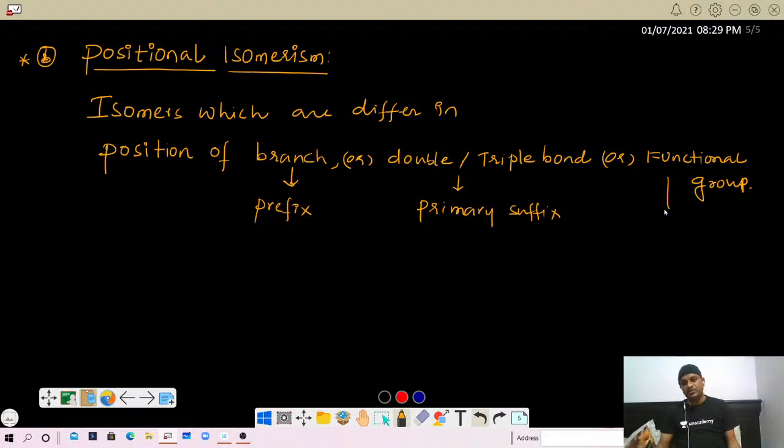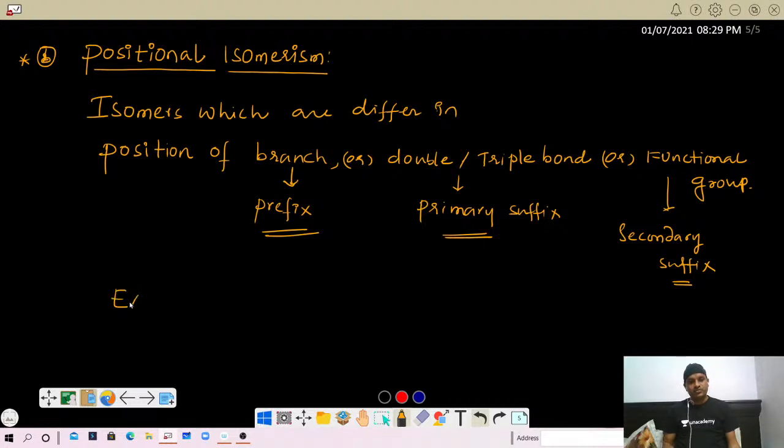And this, we can say, is the secondary suffix. So either prefix position is different, or primary suffix position is different, or secondary suffix position is different. Isn't it? That means simply we can identify the position isomers.